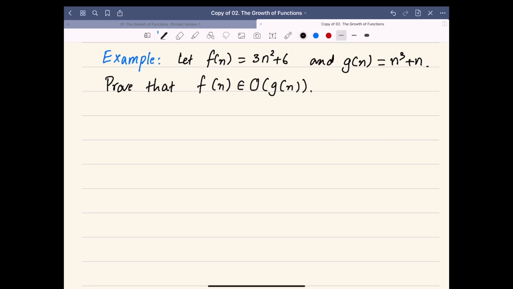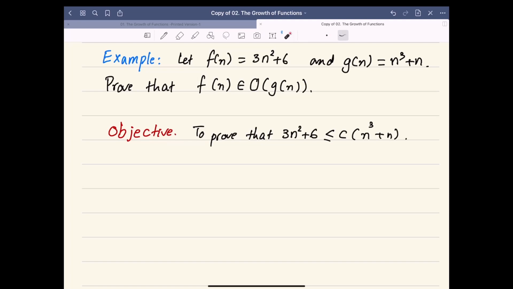First we write our objective here. Our objective is to prove that 3n squared plus 6 is less than or equal to c multiplied by n raised to power 3 plus n. So this is our objective, to find the value of c by suggesting a k at the beginning, and then we find c.